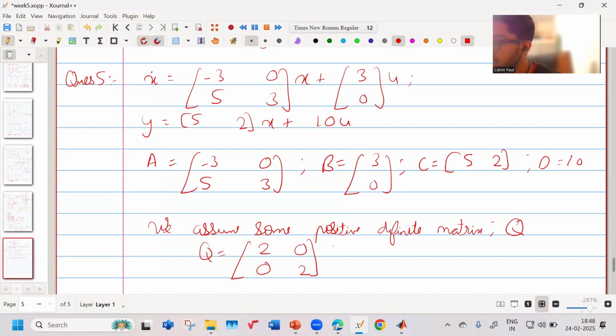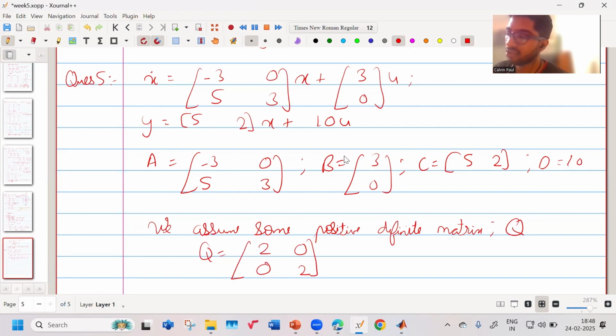Sir, on what assumptions do we assume Q? Is there any thumb rule to assume Q? The Q matrix has to be positive definite. That is the assumption we have to consider.